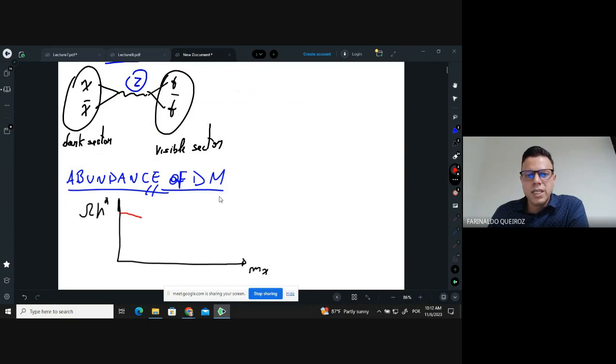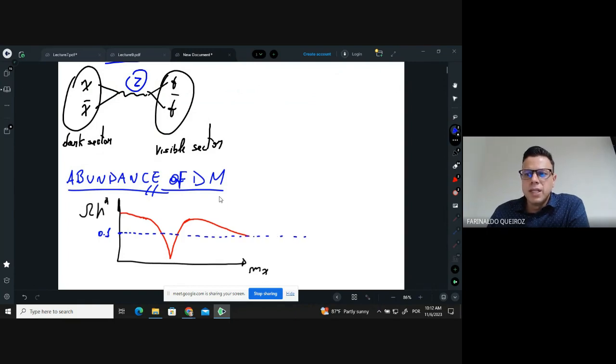Eventually the dark matter mass reaches the Z resonance, and then it drops like this, rises up again, and I'm going to explain why it rises up, and then it starts decreasing again. Let's say the correct value for the abundance, according to Planck, is 0.1, 0.11, 0.12, a horizontal line like this.